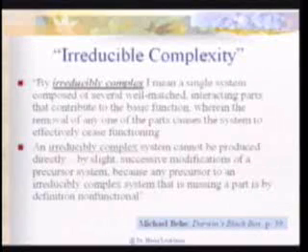By irreducibly complex, what he means is a single system composed of several well-matched interacting parts that contribute to the basic function, wherein the removal of any one of the parts causes the system to effectively cease function. An irreducibly complex system cannot be produced directly by slight successive modifications of a precursor system, because any precursor to an irreducibly complex system that is missing a part is by definition non-functional.